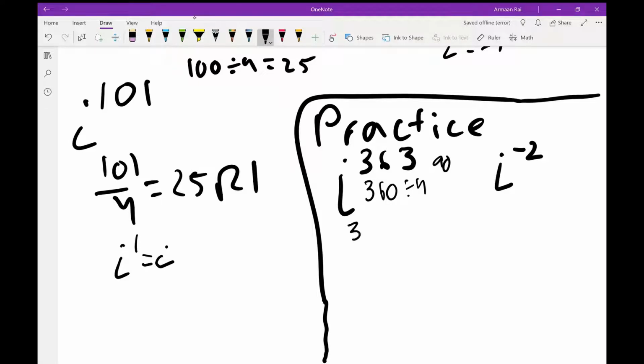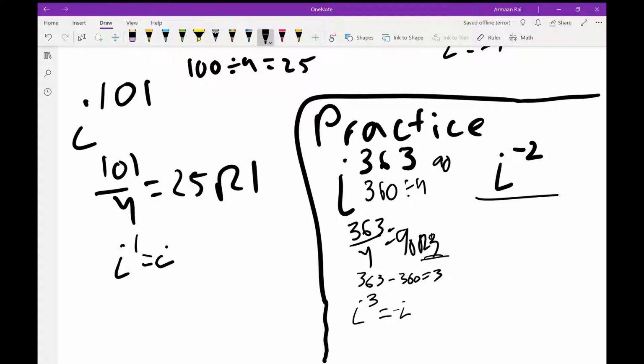So we take 363, divide by 4, and that's 90, remainder 3, because 360 is divisible by 4, and 363 minus 360 is 3. Fine, we found a remainder. Let's cube it. So i cubed is, as we remember earlier, negative i. That's simple. But what about i to the negative 2?